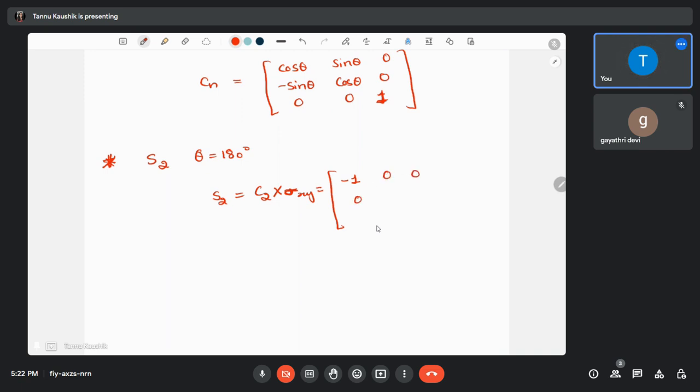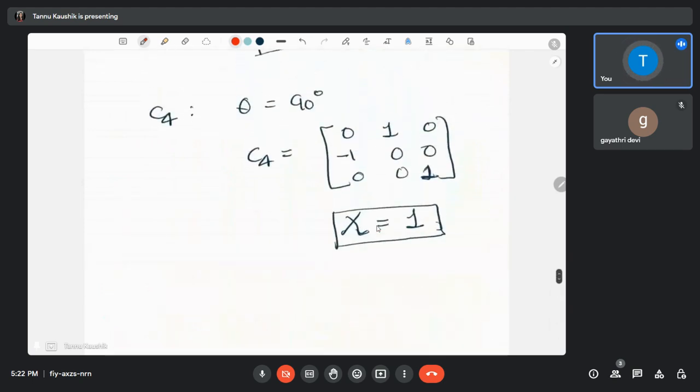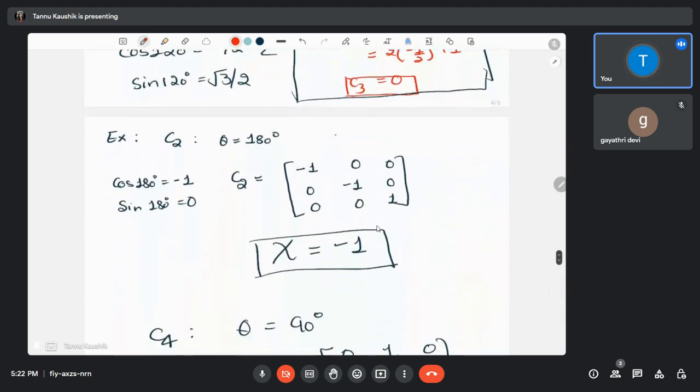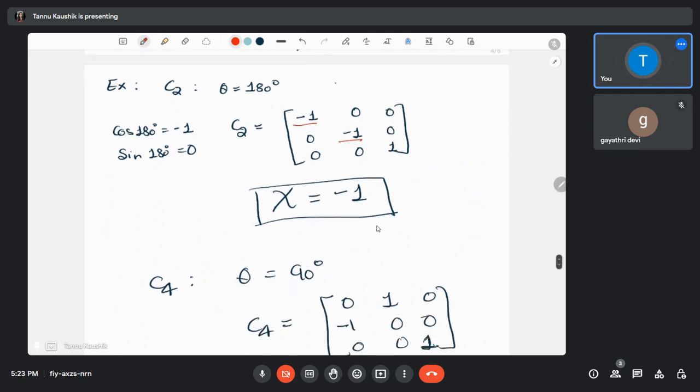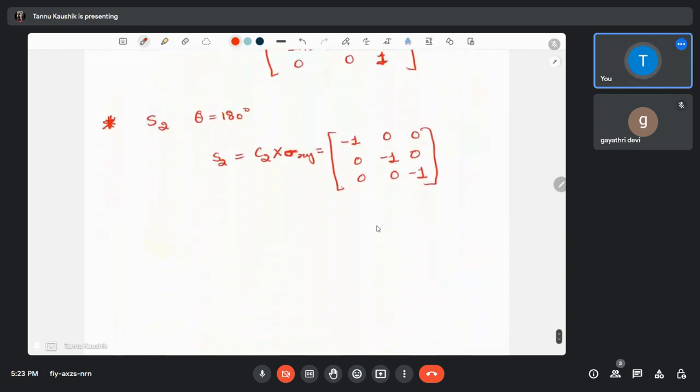So it will be minus 1, 0, 0, 0, minus 1, 0, and 0, 0, minus 1. So if you see here, for the C2 it was the same up till now, and here it was 1. So in this case, the only difference is over here. So the character will be minus 3.